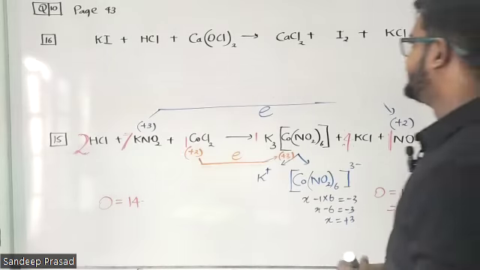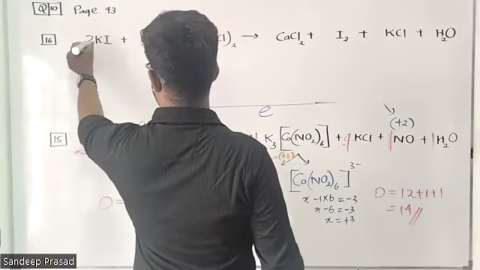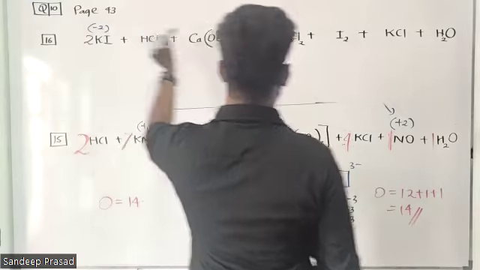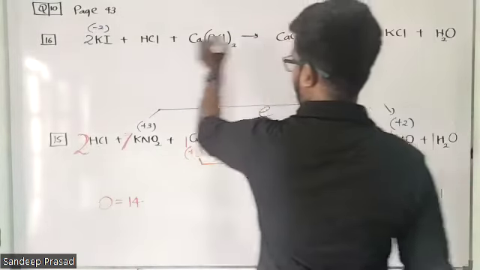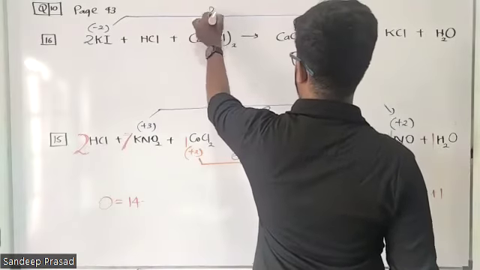Then you can see that iodine is changing its oxidation state, from -1 to 0. So it is increasing. Oxidation is taking place on iodine by 1 electron.